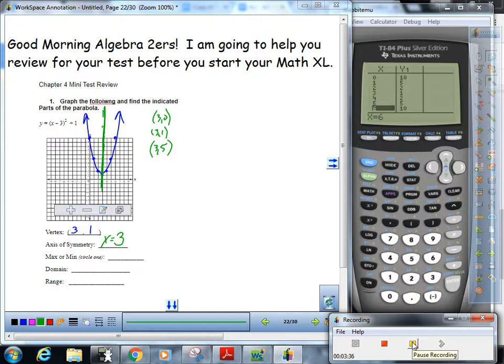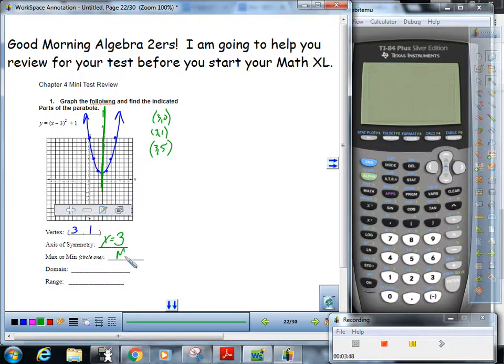Alright, so now, is this blue point down here the bottom of the barrel or the top of the mountain? It's the bottom, so that's a min. Okay? The domain is all of the x's, and the range is all of the y's.